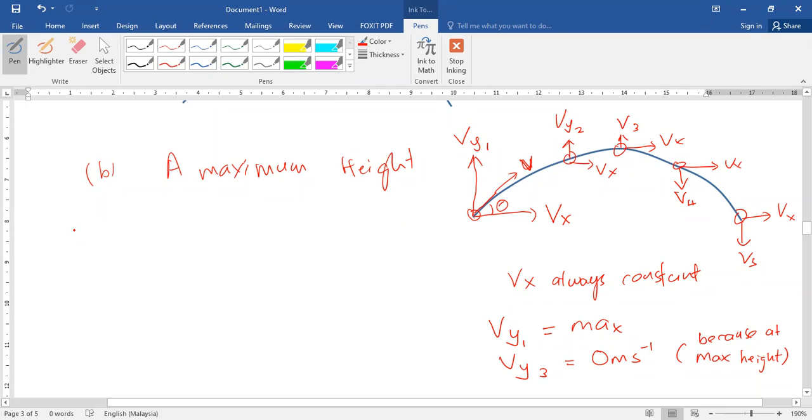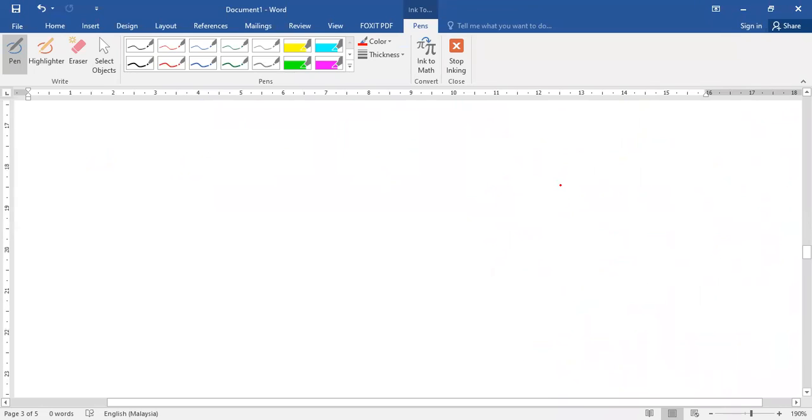Okay, so back to the question. In this case, we must understand one thing. When we throw out an object with a velocity, this will be the Vx and this will be the Vy, and this will be the angle.